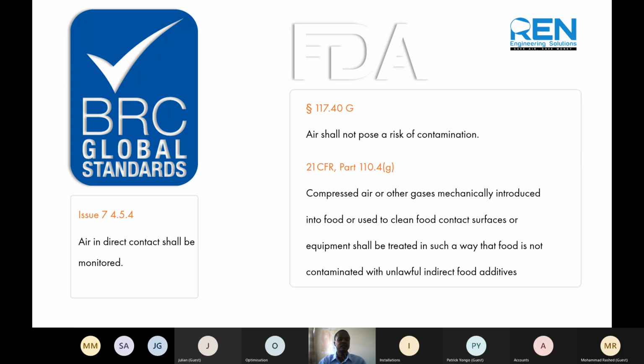In another section, compressed air or other gases mechanically introduced into food or used to clean food contact surfaces or equipment shall be treated in such a way that food is not contaminated with unlawful or indirect food additives. Note that we try to summarize what these subsections say, and so we might not have listed it word for word.